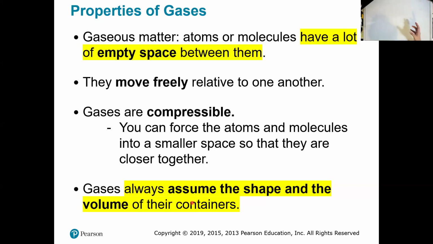If they're in a cubic container, that'll be their shape. Unlike liquids where there's a specific volume associated with your liquid substances, when your gases are put into a container, they will spread out as much as possible. That's why we're saying that their volume will mimic whatever the volume of their container is.